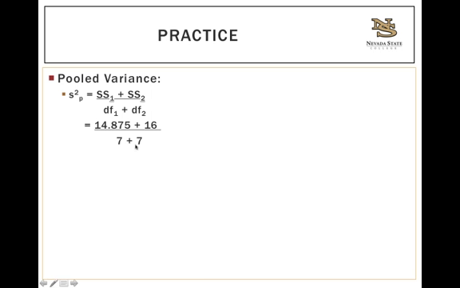The degrees of freedom for each group is 7, because degrees of freedom is simply n minus 1. When we do that math, we get 30.875 on the top, 14 on the bottom, which gives us a pooled variance of 2.205. Okay, we're getting there, everybody, right?